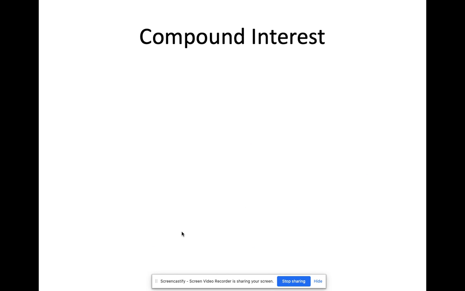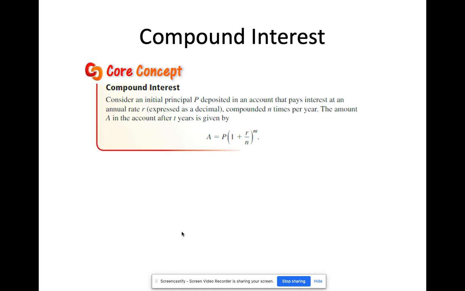So one last one, which is basically what most of you will use and experience, is compound interest. This is the formula for compound interest. Suppose you have money deposited in an account in a bank that pays interest, compounded n times a year. Your money after t years is given by this formula.